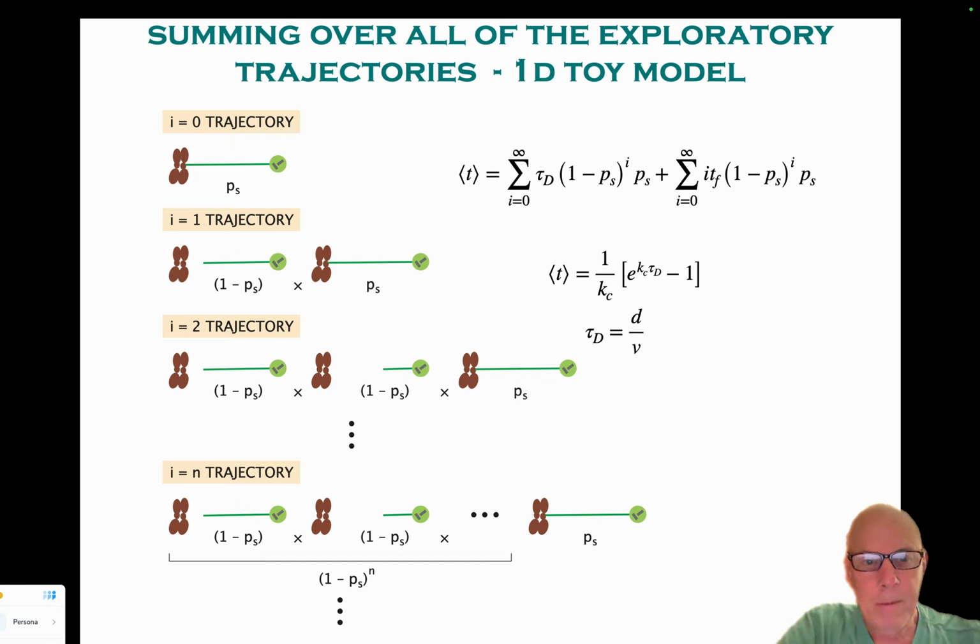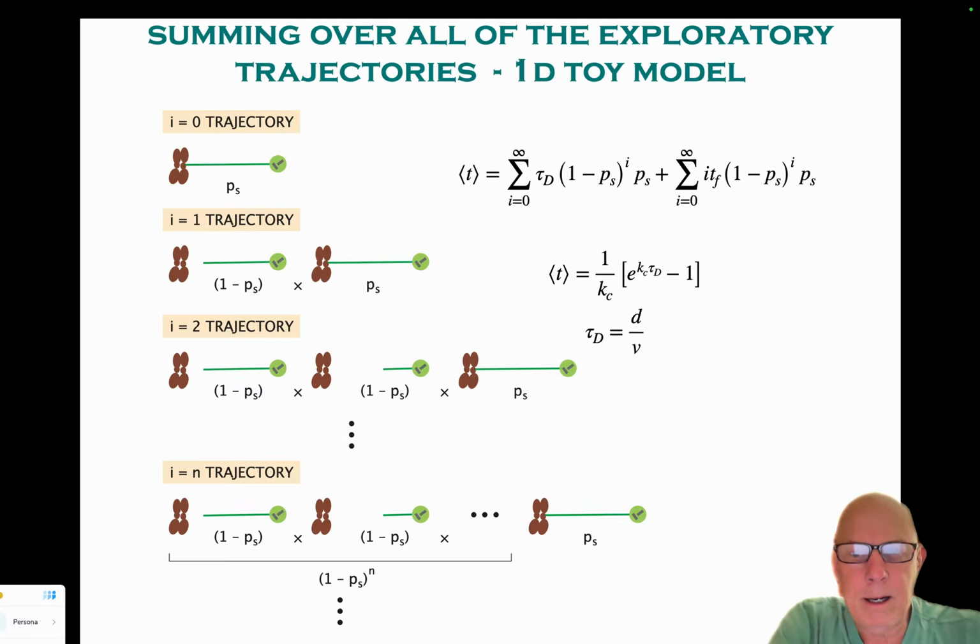So what I'm showing you here is, in a certain sense, a homework for people to contemplate. And what it's doing is it's organizing our trajectories by number of failures. So in the top left, that particular microtubule grew to the left, and it hit the chromosome, and so it was a success right from the get-go.